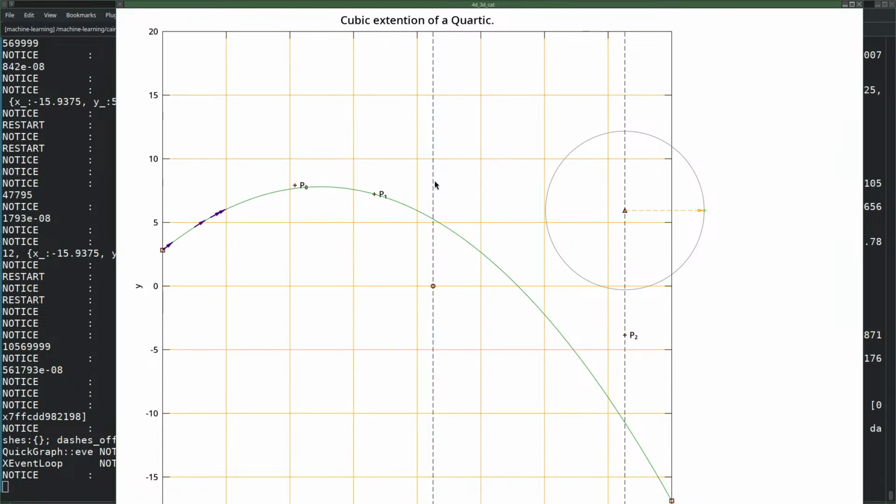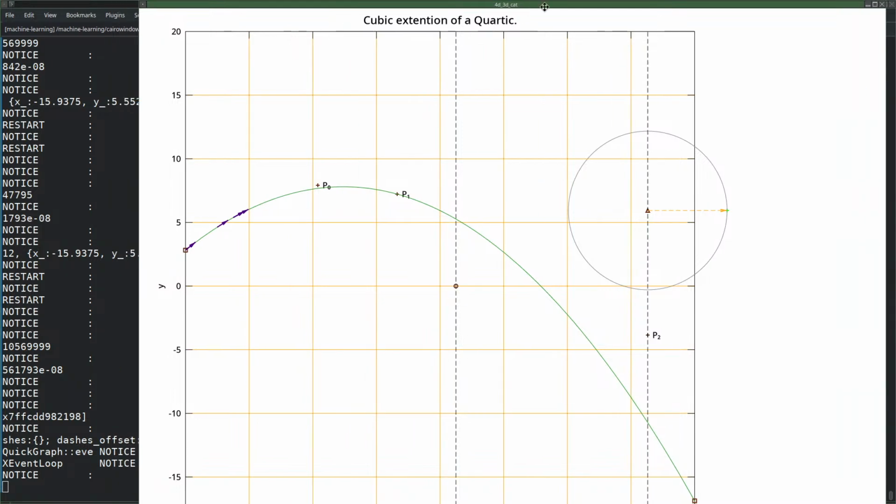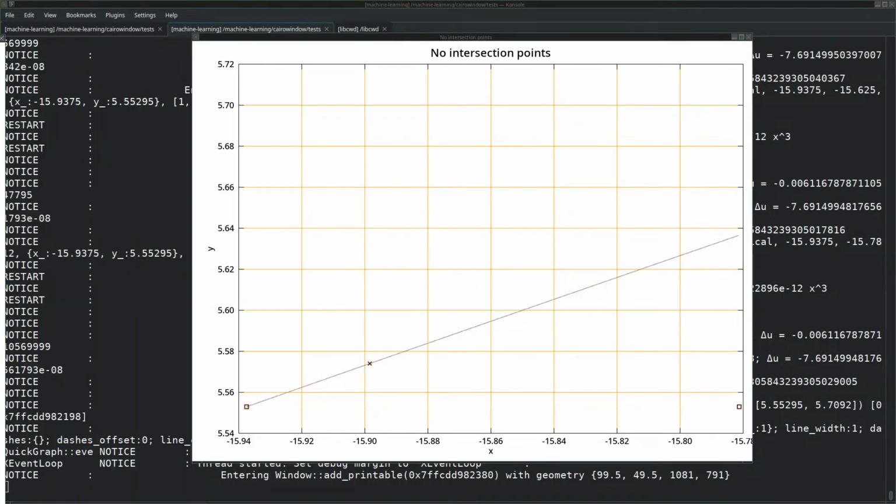And what I did was that as soon as it cannot find a match, I make it stop and then draw the piece that it has a problem with, which is this piece. So you see there's just a big zoom in between minus 15.94 and minus 15.78.